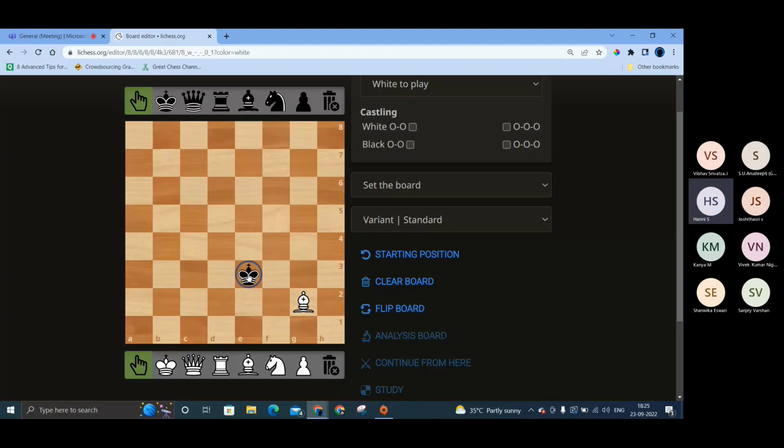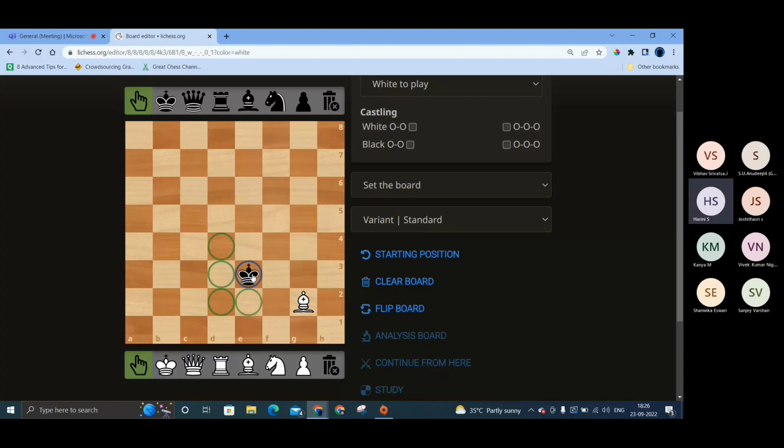D4. D4. It is safe to move there. Then after D4, D3. Okay. Then D2. Okay. Then E2.